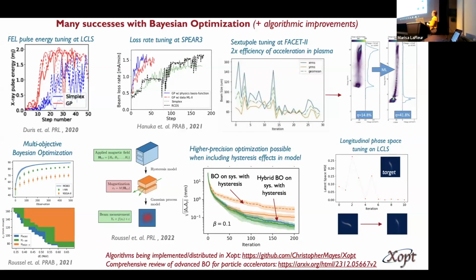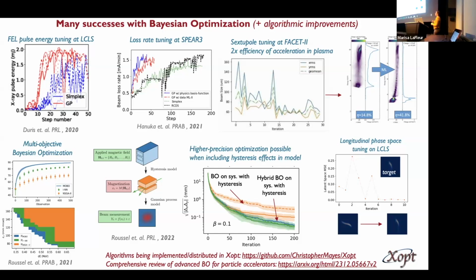And so if we take a very simple differentiable model of hysteresis through something like the Preisach model, we can then attach that to a Gaussian process model, and without doing any kind of additional magnetic measurements or anything like this, we can infer from the observed beam behavior what the hysteresis behavior in that magnet is.